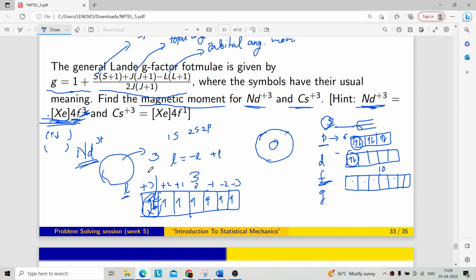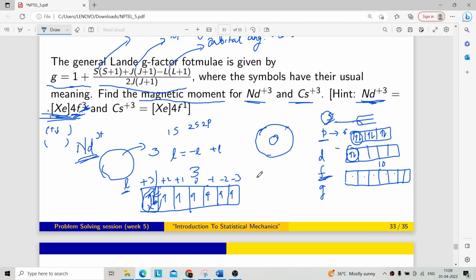So for this case we have 3 unpaired electrons for this Nd3+ atom, right? And we have 7 suborbitals, with l values plus 3, plus 2, plus 1, 0, minus 1, minus 2, minus 3.